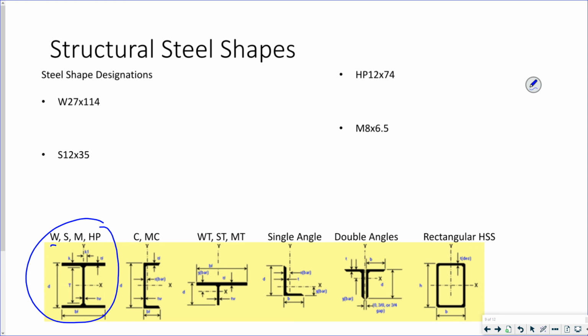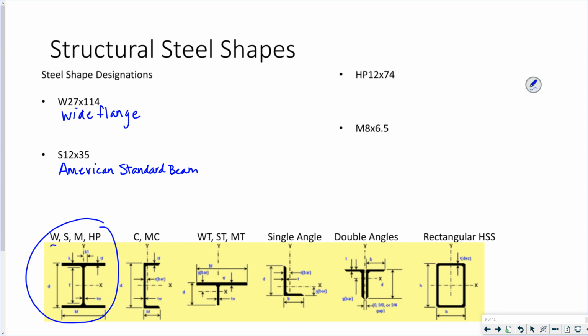W stands for wide flange. The S is American Standard Beam. HP, the P stands for pile.